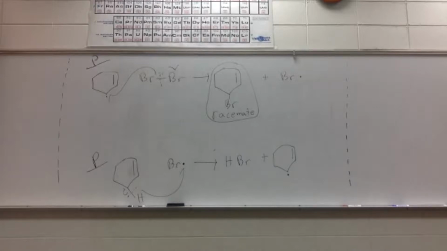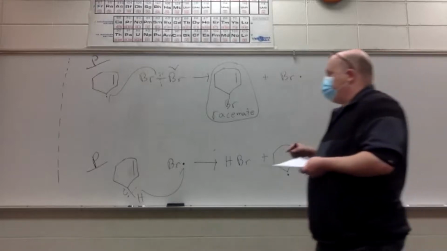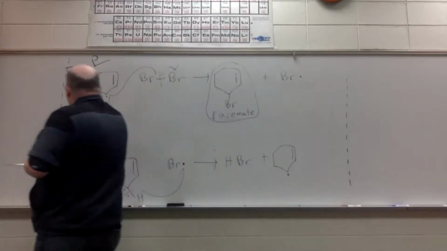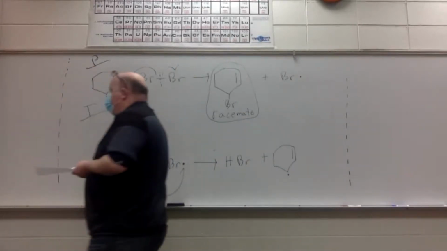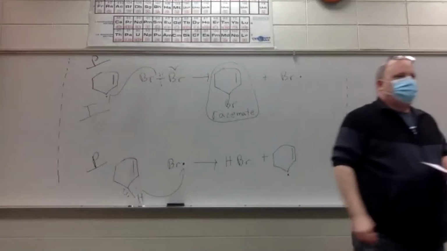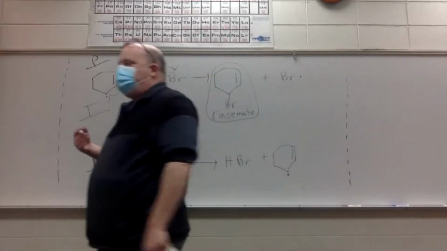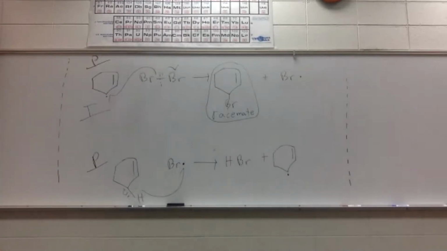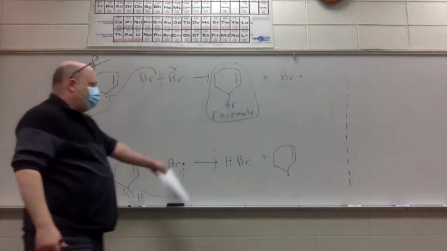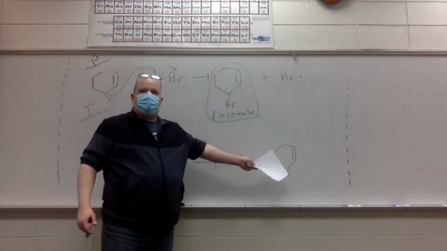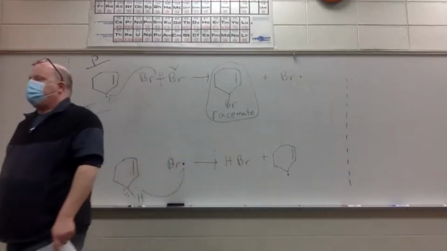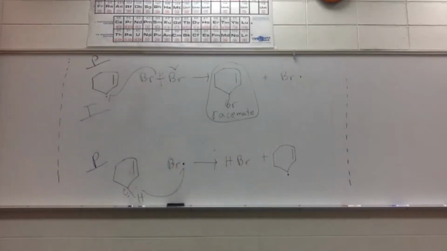All right, now let me answer the question, where did you get Br2 from? Well, you create Br2 as part of terminations. Remember, terminations can involve coupling of radicals, coupling of any two radicals. You could even see two of these link up to make sort of a weird organic product that would be a side product, right?